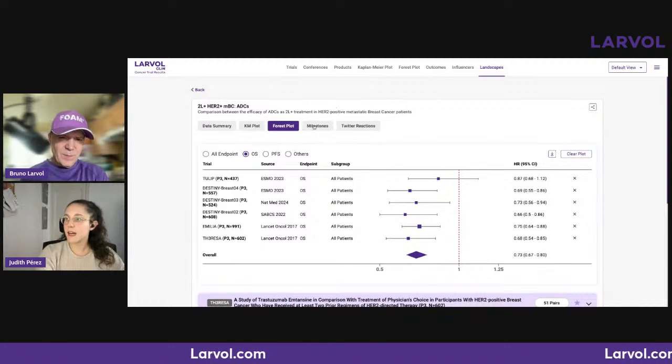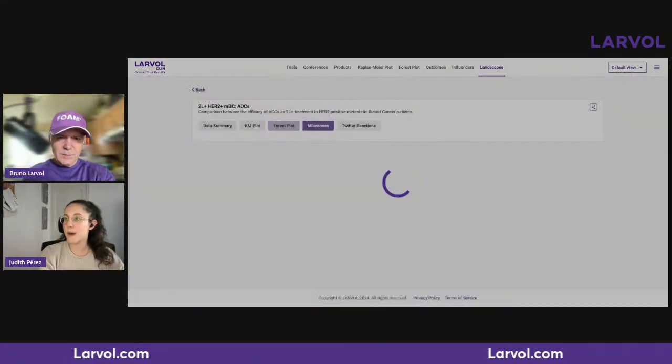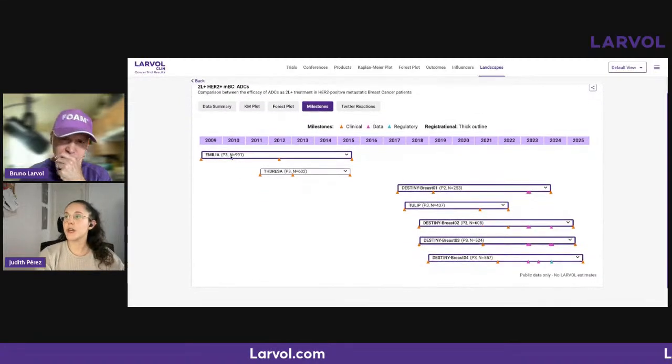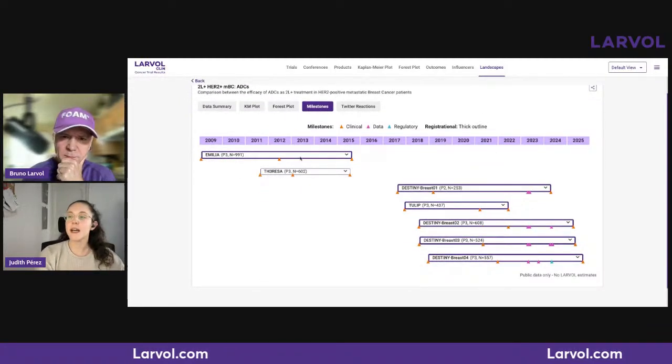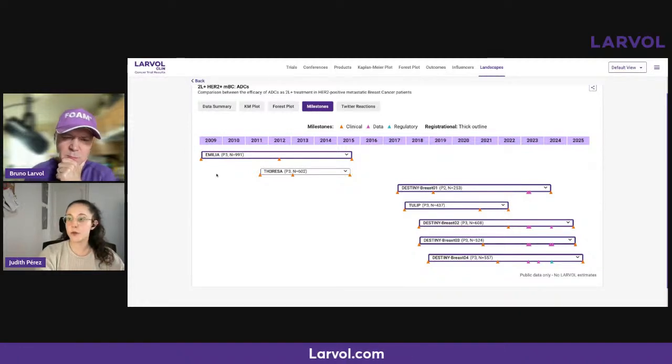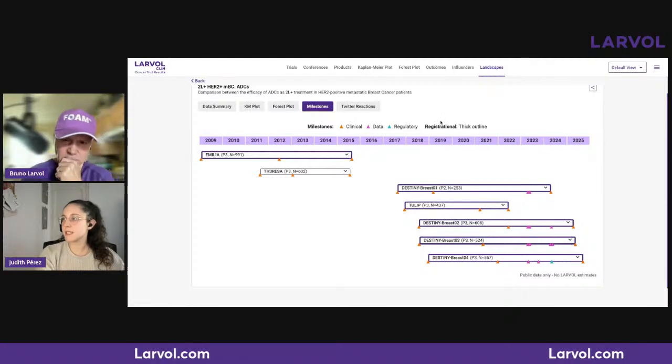And then moving on, we have this milestones tab, where we have placed in the timeline the different trials that we were looking at, with the milestones based on clinical outcomes data, data releases, or regulatory processes.